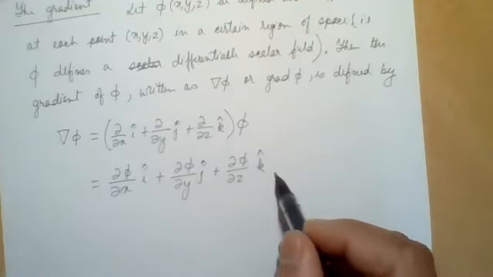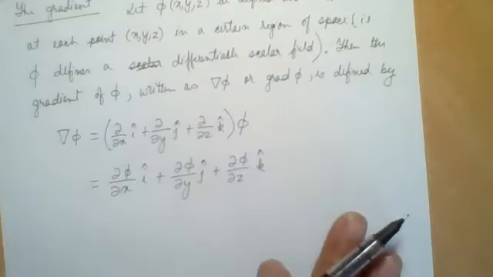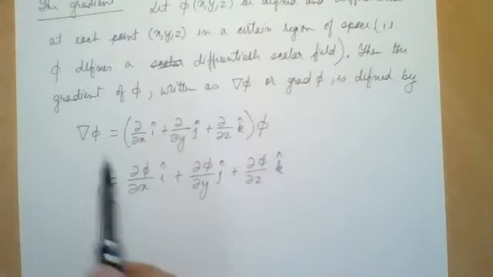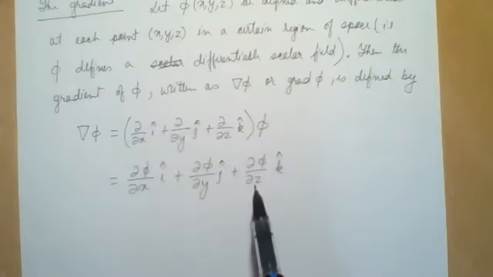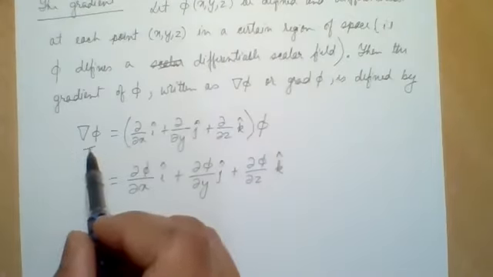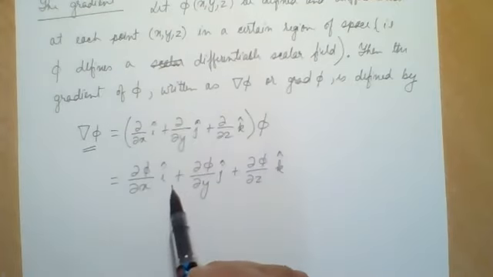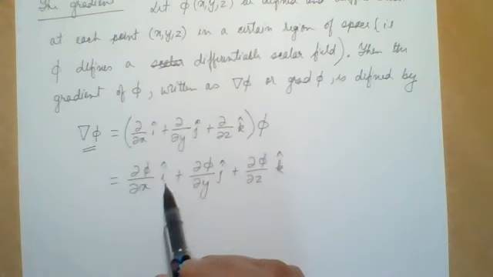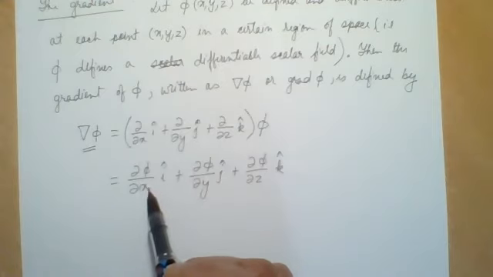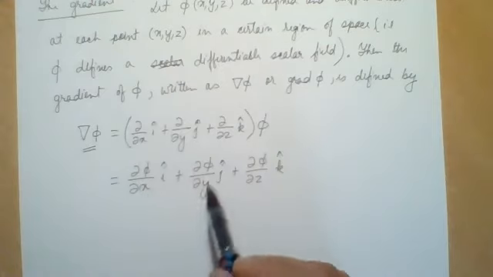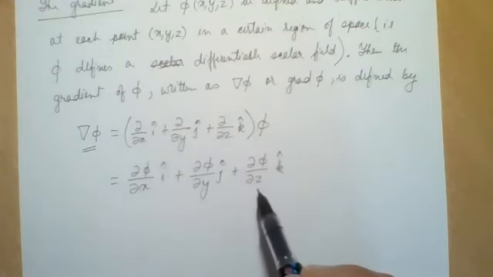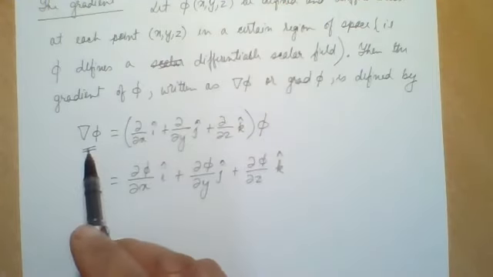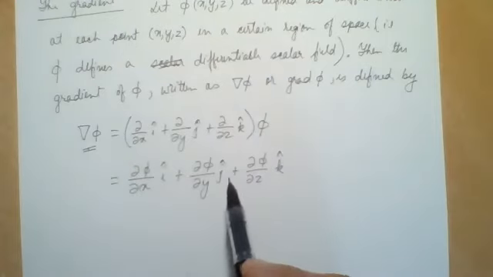This is the gradient of the scalar field phi, and it defines a vector field. This is the x component, this is the y component, and this is the z component of the vector field. So the gradient of a scalar defines a vector field.